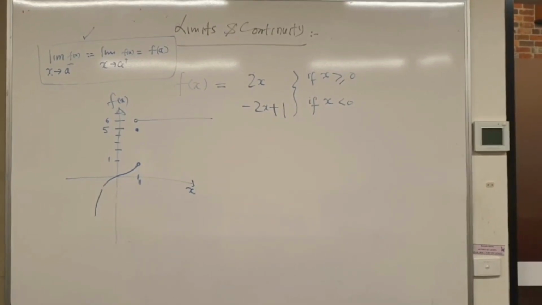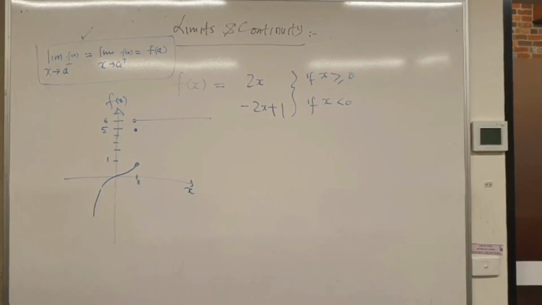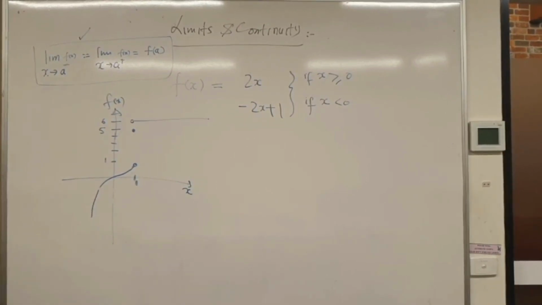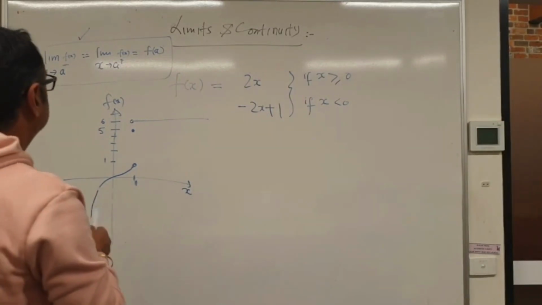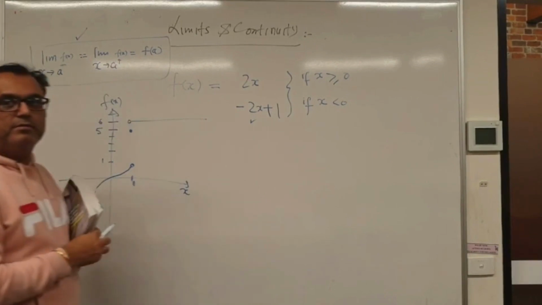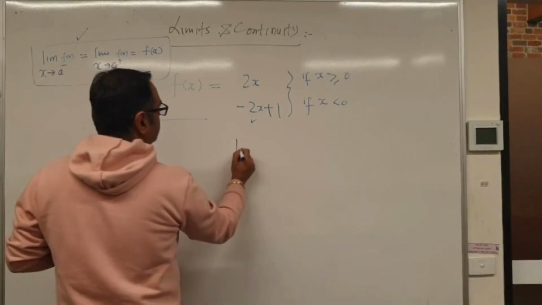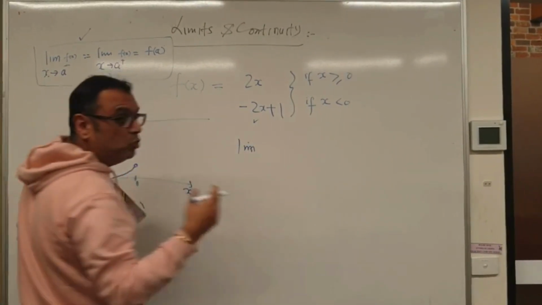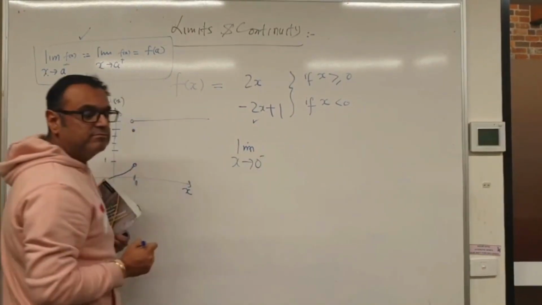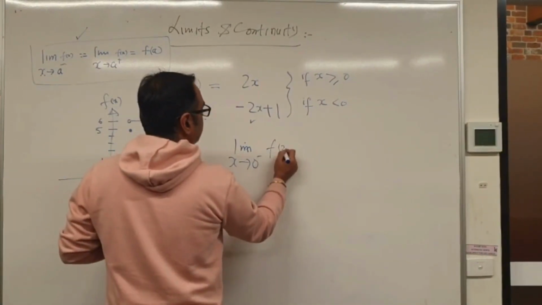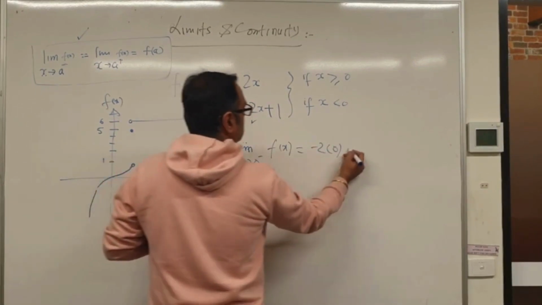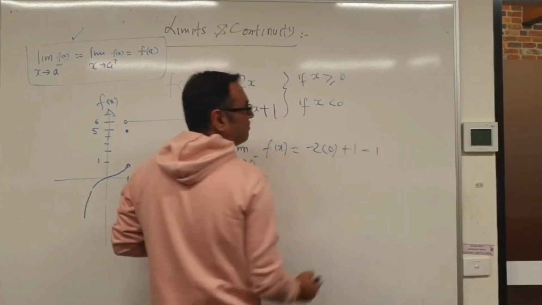Let's check the answers. I need to validate the left limit. So I will say, if it's a 2-mark question, limit as x tends to 0 negative of f of x is negative 2 times 0 plus 1, which is 1.